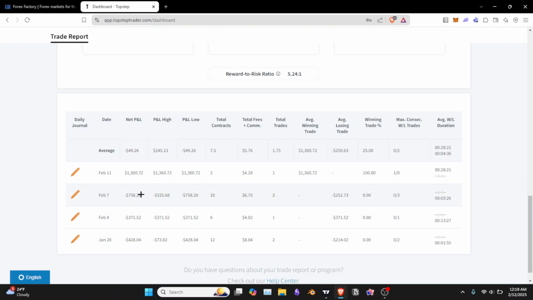So now I know that on this day, when my target is hit, there is literally no need for me to be in a trade again, because your target is hit. It's a probability factor, right? If your target is hit, that is what you wanted to be hit.